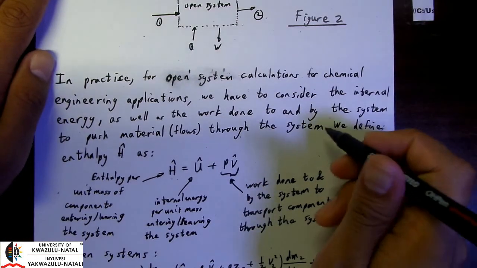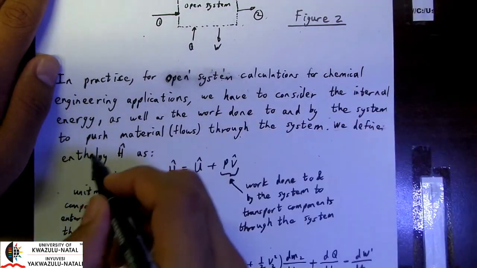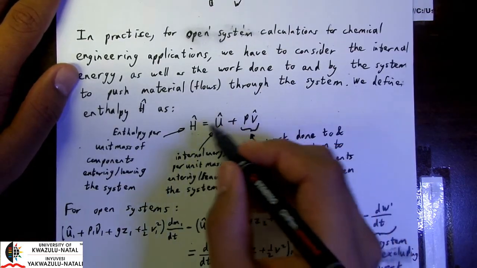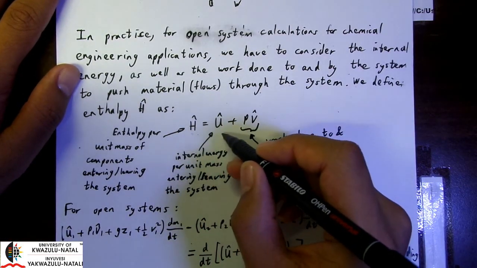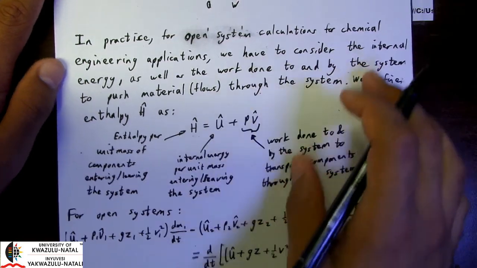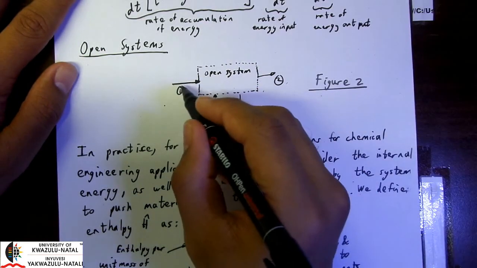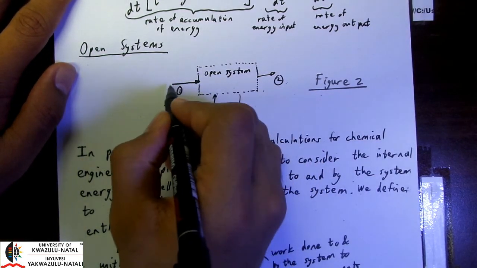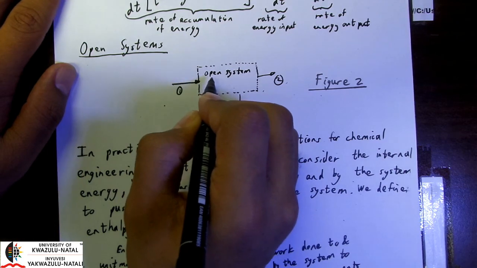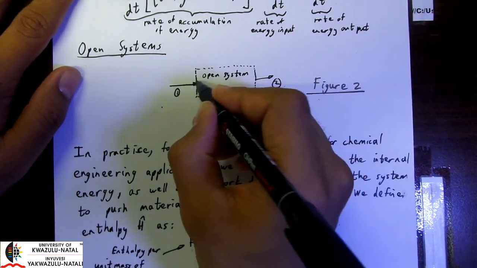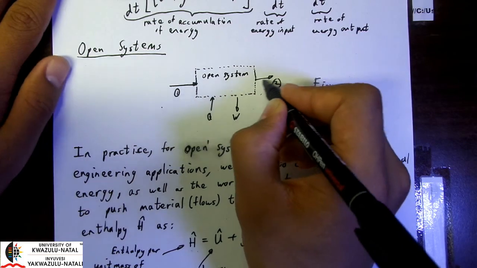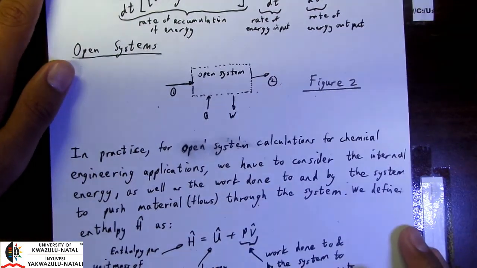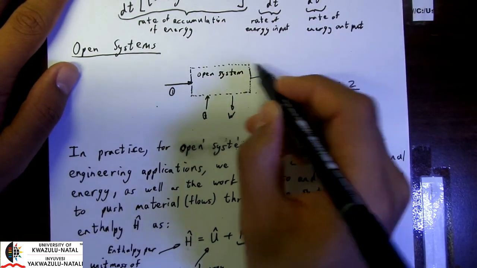So we can group up these terms and define enthalpy, H with a cap, as follows: H is equal to U plus PV. Remember that for open systems, some work had to have been done to push our material into the system, and the same amount of work will be done to push that material out of the system. That is what we are talking about here.